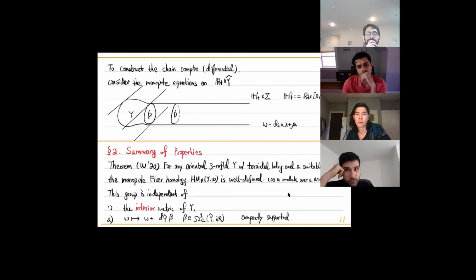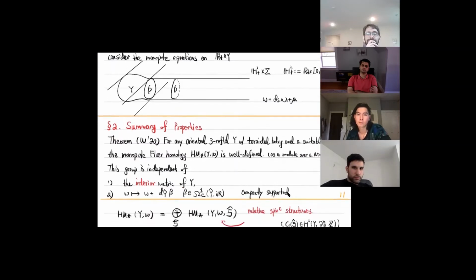Just to assure you that our construction indeed works, this is our main theorem. It says for any oriented three-manifold Y with toroidal boundary, and for any closed two-form omega satisfying all the properties I mentioned earlier, the monopole Floer homology of this pair is well defined as a module over the Novikov ring. Moreover, this group is independent of the interior metric of Y, and it is invariant if we replace omega by omega plus d beta, where beta is a compactly supported one-form on this cylindrical-end three-manifold.